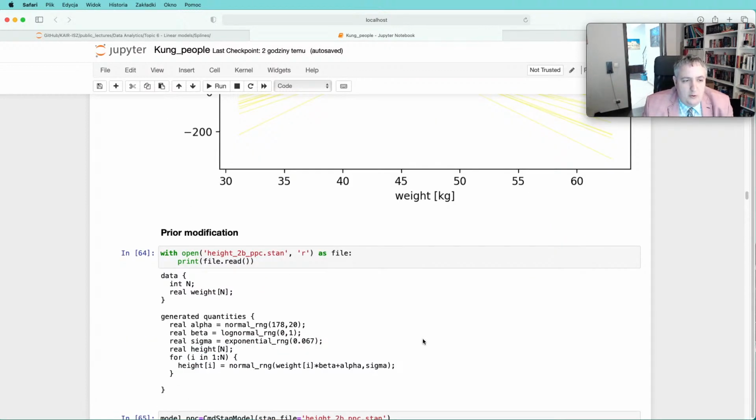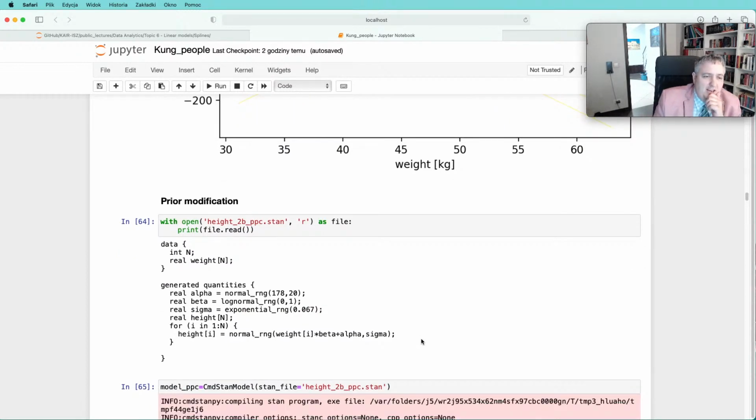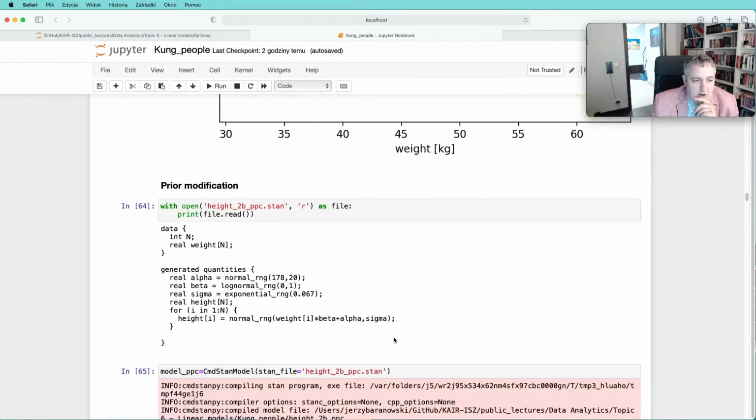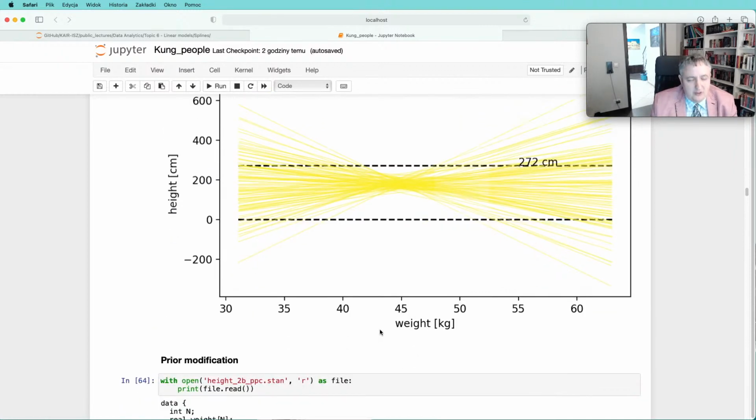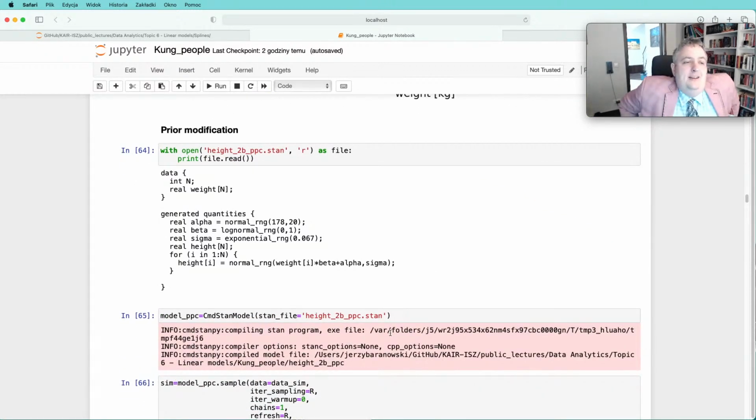Let's correct it. We've changed the prior from normal into log normal. Why? Because log normal is distributed on positive values, and this relationship can generally only be positive, so it makes sense for it to be a positive one.